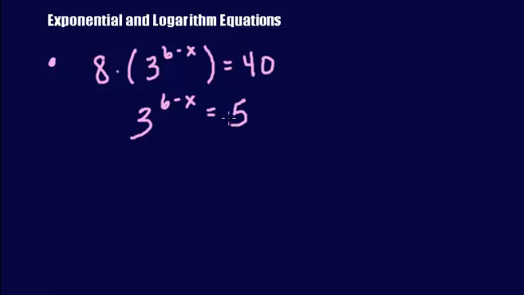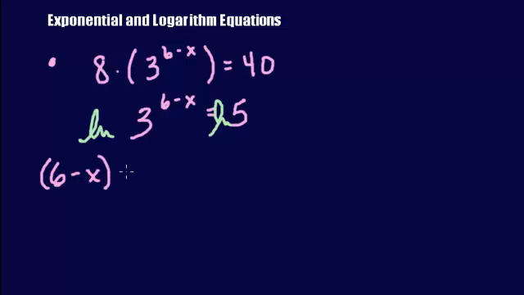At this point, in order to get the x out of the exponent, just like I did previously, I'm going to log both sides. Now, I have a choice. I can natural log both sides. I can log base 3 them. It really doesn't matter, just as long as you are logging both sides. So I'll natural log both sides. It doesn't make any difference, because what happens when I do that is I can bring this exponent out front using my properties.